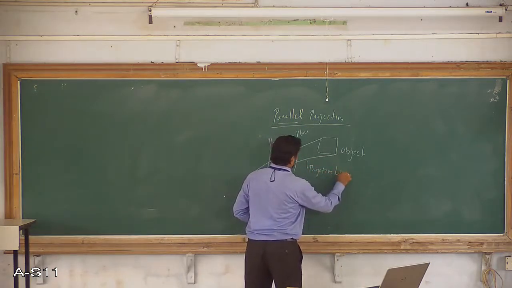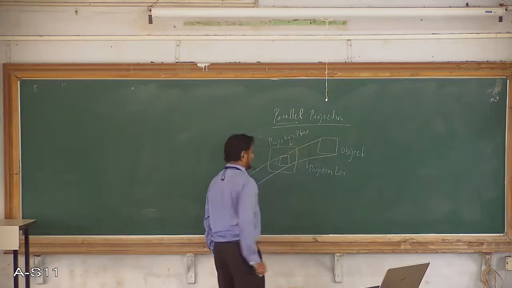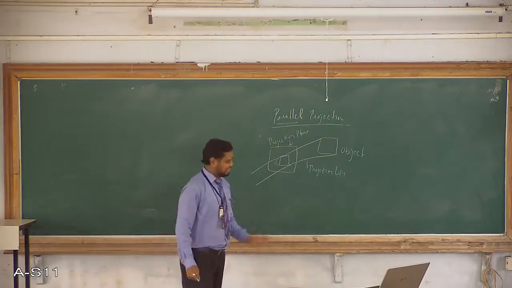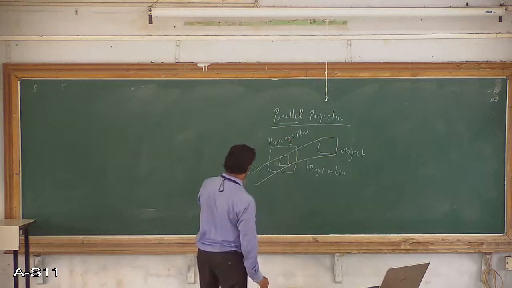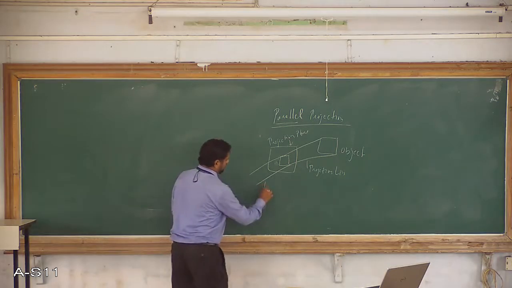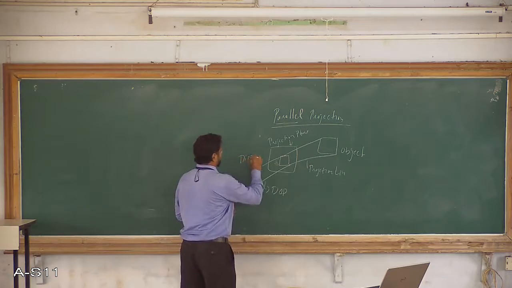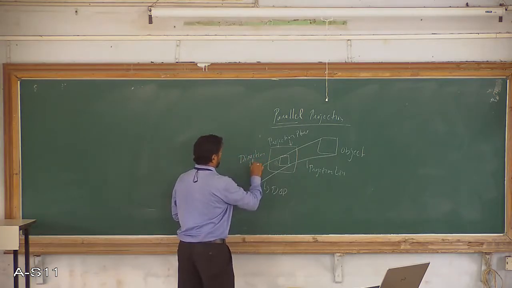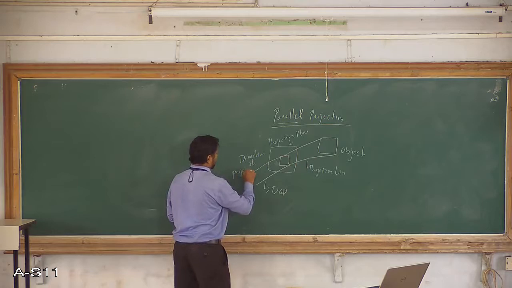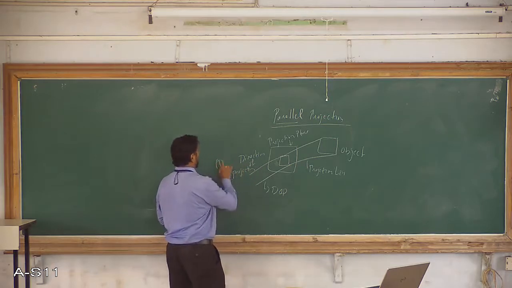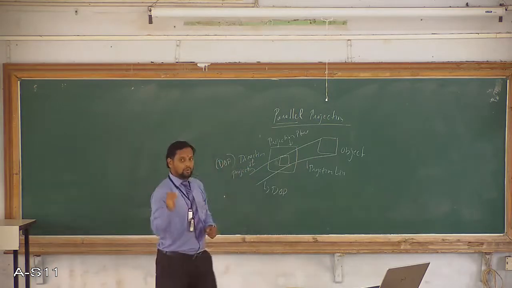As you can see, both the lines are parallel to each other, and they will take the direction of projection. So hence it is called the direction of projection, or in short DOP.